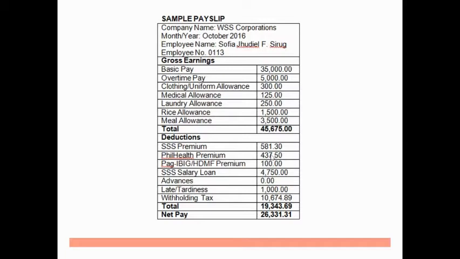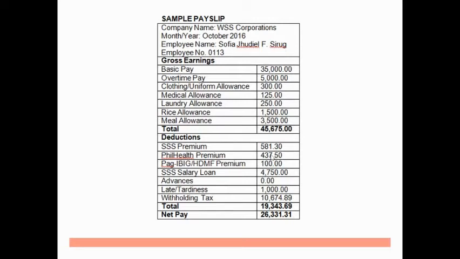Under her gross earnings, we have basic pay of 35,000, overtime pay of 5,000, clothing or uniform allowance of 300 pesos, medical allowance of 125 pesos, laundry allowance of 250 pesos, rice allowance of 1,500, meal allowance of 3,500 pesos. So the total earnings Sophia had is 45,675 pesos.